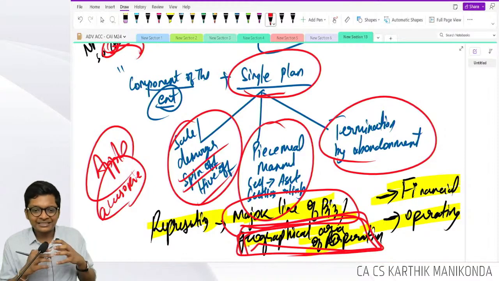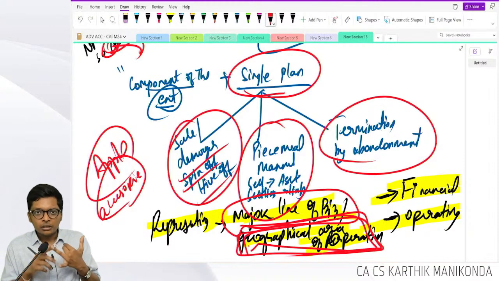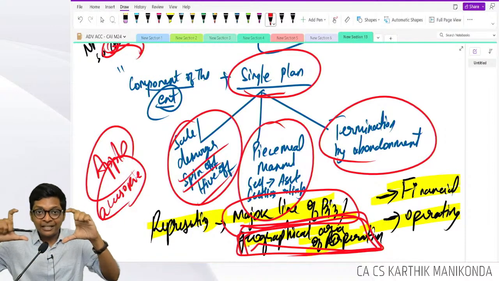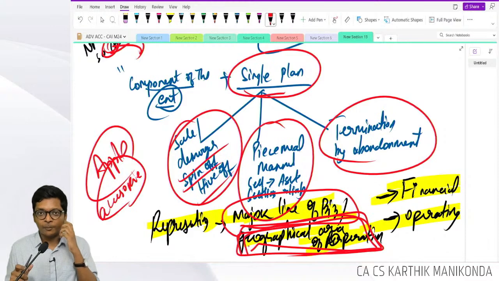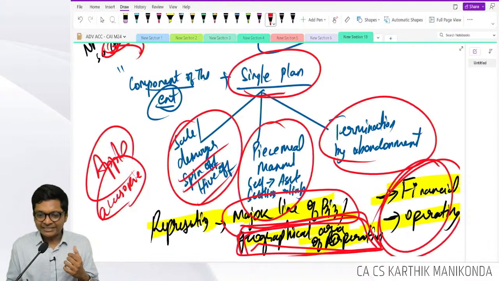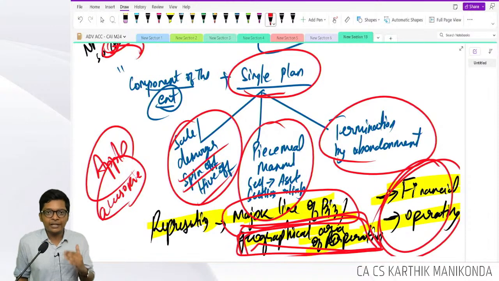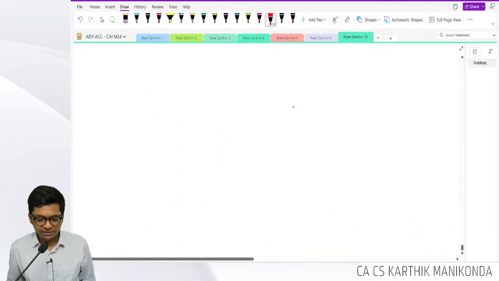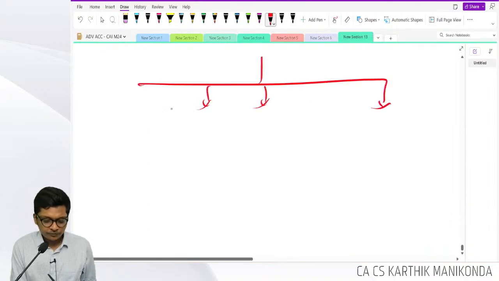So anything that is sold in piecemeal manner or abandoned that represents a major line of business or geographical area of operations identified separately for financial and operating reporting purpose. What is not a discontinuing operation?